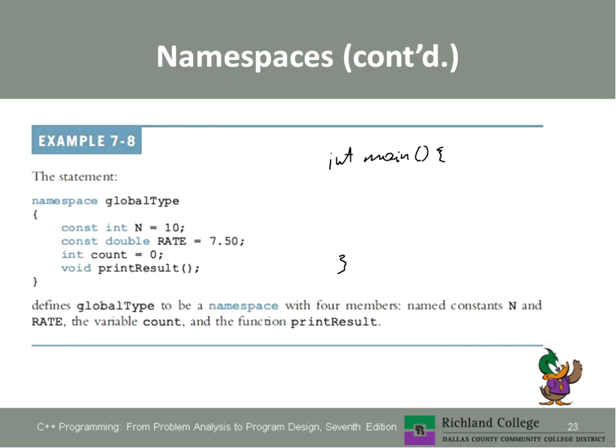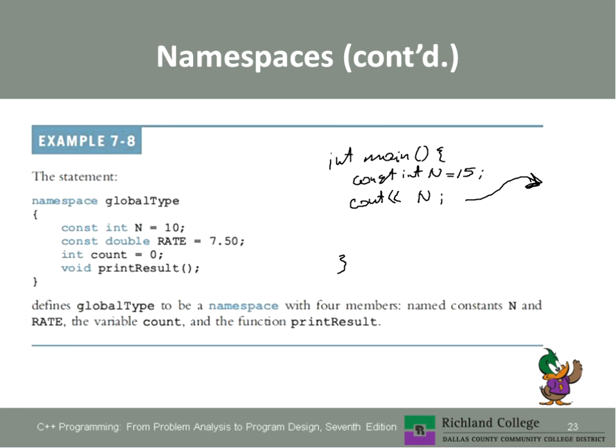And inside your main, let's say you have constant int n equals, let's say, 15. And then you're going to cout n. Now, what's going to be printed out?